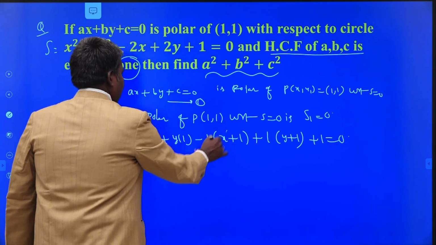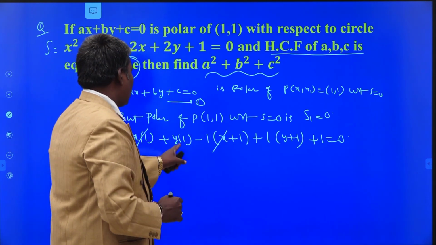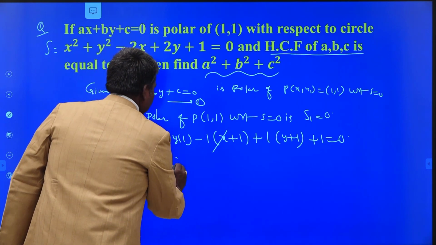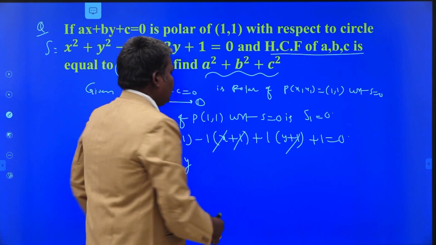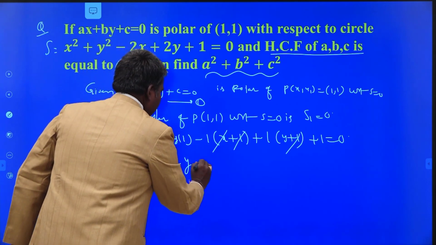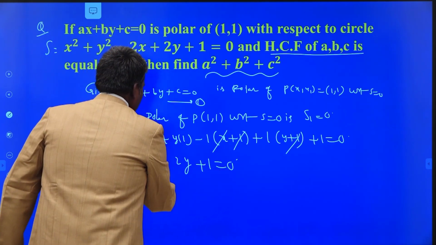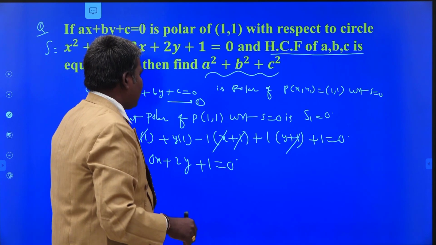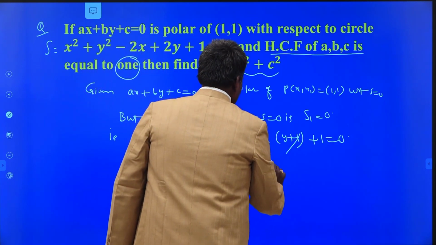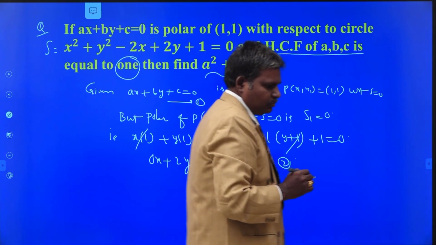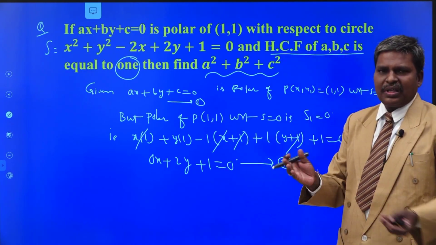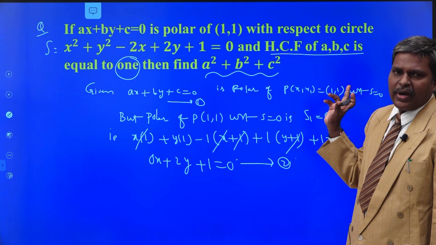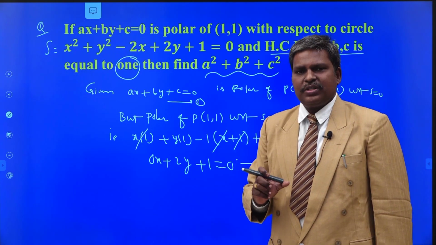See here, minus x plus x gets cancelled, y plus y, 2y is there, minus 1 plus 1 also gets cancelled, 1 is there. 2y plus 1 equal to 0. This is 0 into x plus 2y plus 1 equal to 0. This is equation number 2. This is the obtained polar, and this is the given polar. Both are the same for the point (1, 1) with respect to the circle.